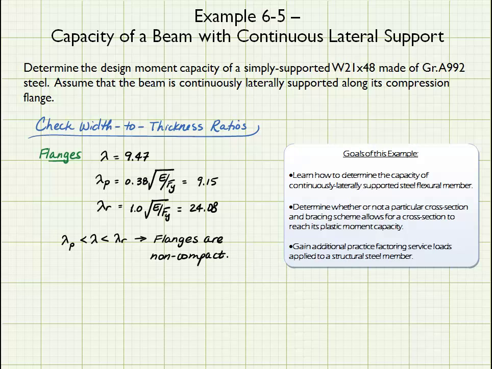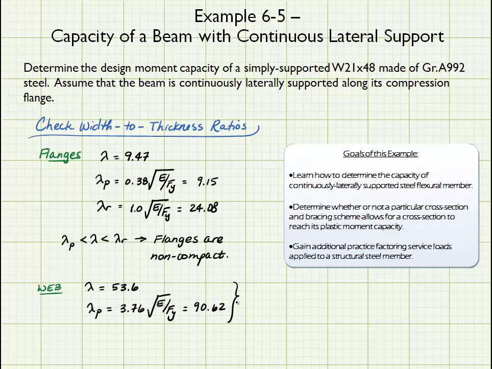So let's deal with the web next. Lambda for the web is tabulated, h over tw, 53.6. Lambda sub p for the web we can calculate as 3.76 times the square root of E over Fy. For 50 ksi steel, that's 90.62.